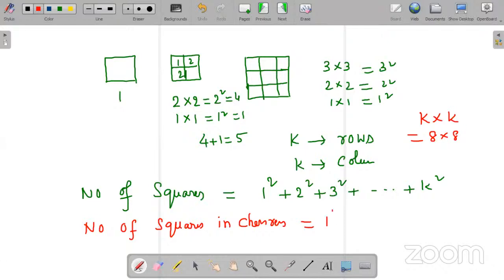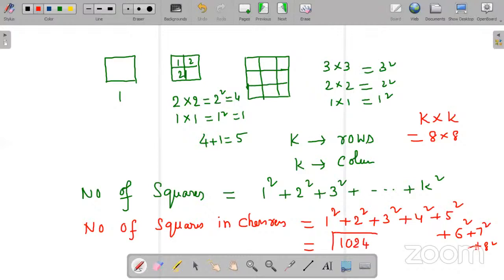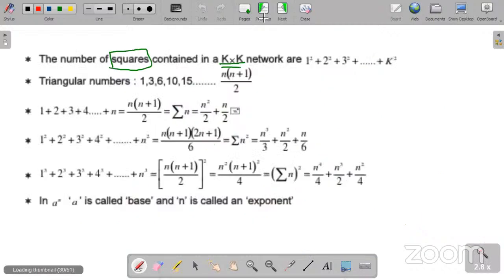So you can get 1 square plus 2 square plus 3 square plus 4 square plus 5 square plus 6 square plus 7 square plus 8 square. If you add all these, you will be getting the number of squares. Sorry, not approximate, exactly, you get 1024. So this is the number of squares in a chessboard. Clear? Now let us move to the next one.